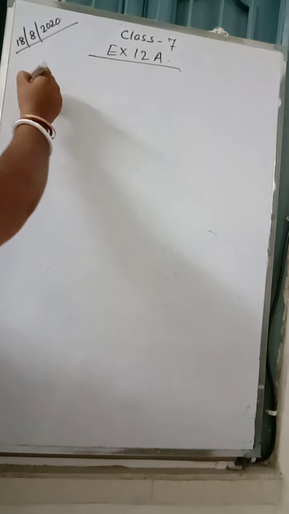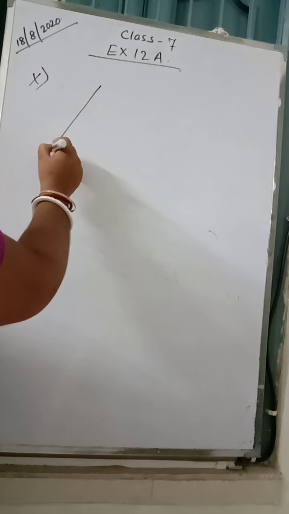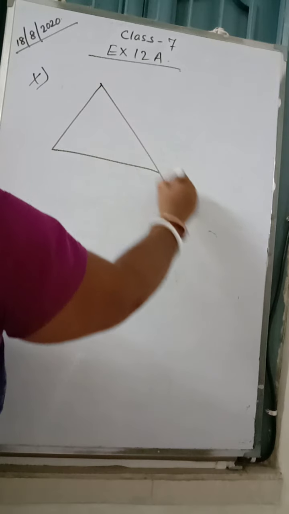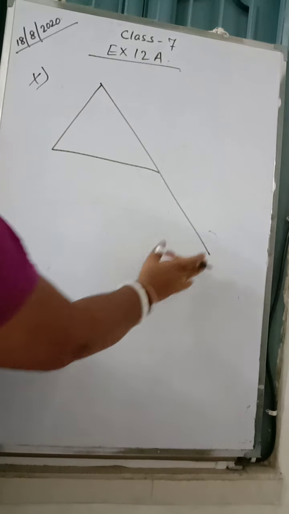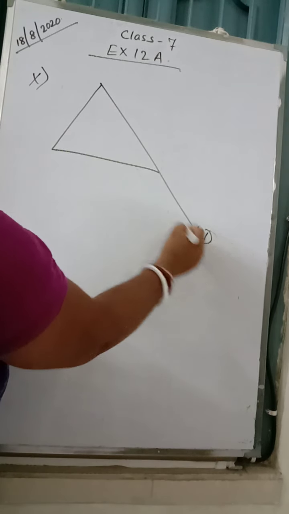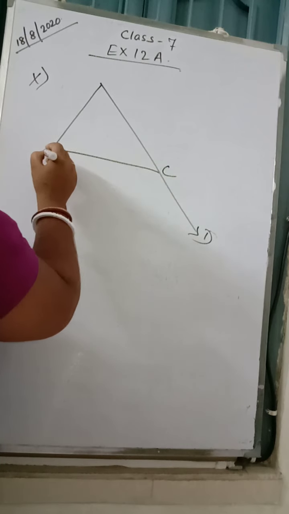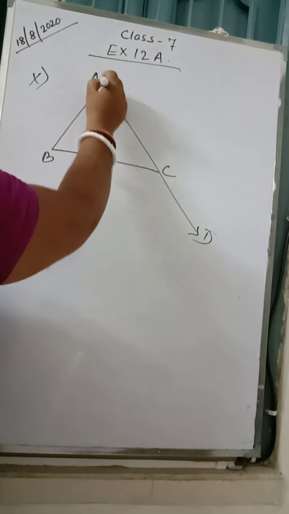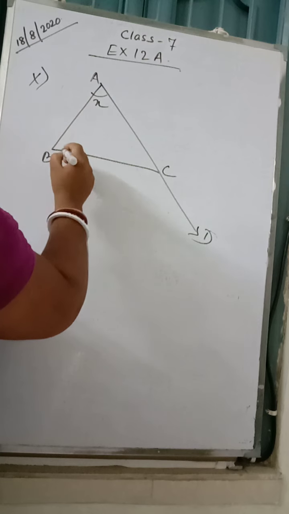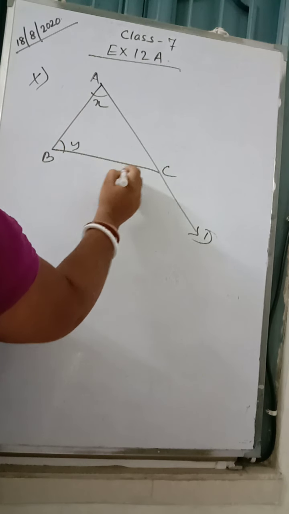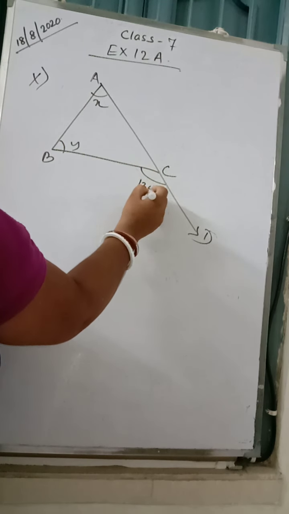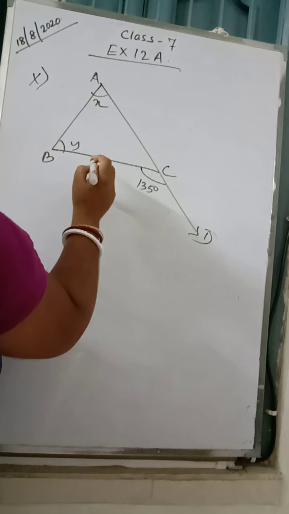The question is like this: a triangle is constructed. This is D, this point is C, this is B, this is A, this is X, this is Y, and this is 135 degree. Is it?